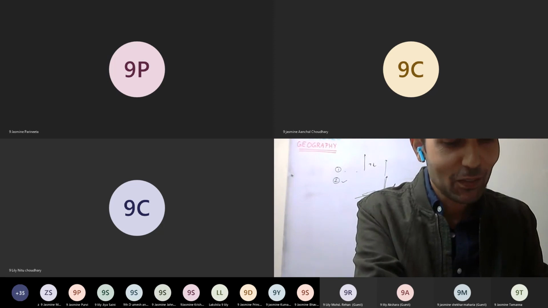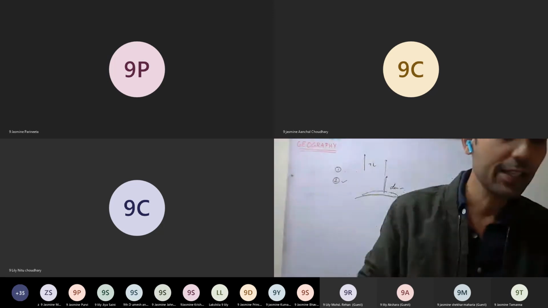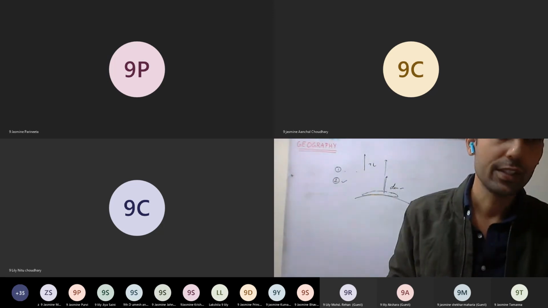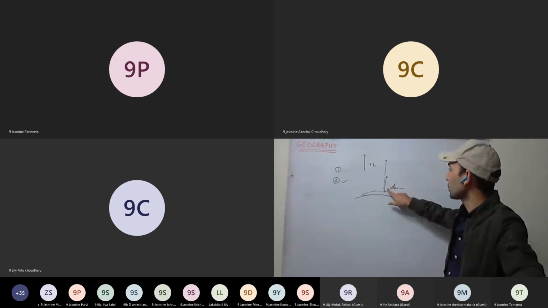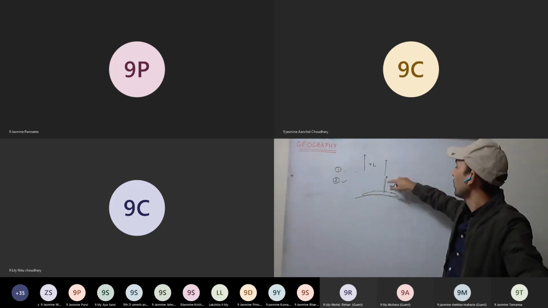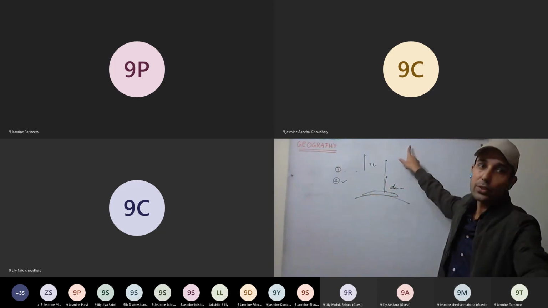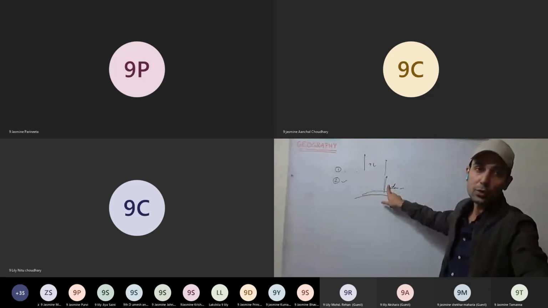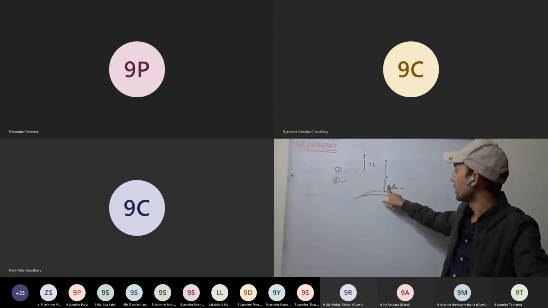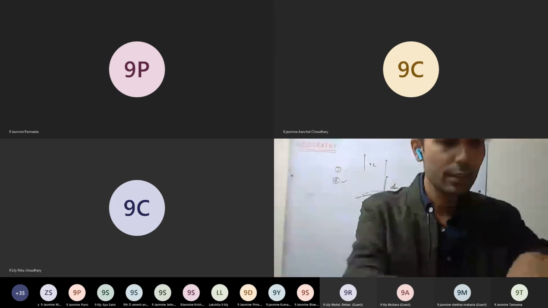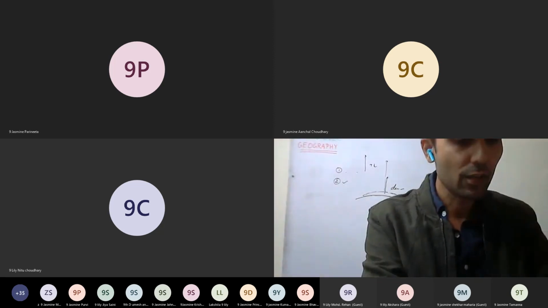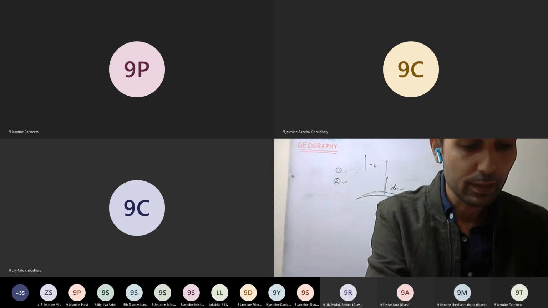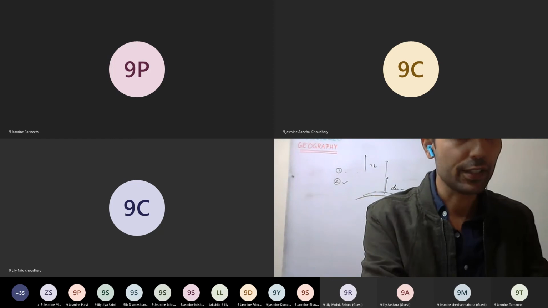The second reason: troposphere gases absorb very little of insolation. That we have discussed. The troposphere absorbs very little of insolation, because insolation consists of short wave radiation that is not absorbed by the atmospheric gases. Instead, the ground absorbs this radiation.